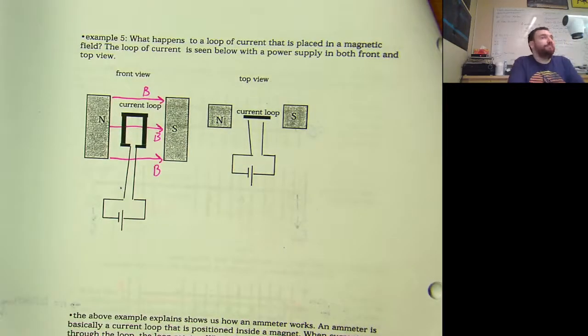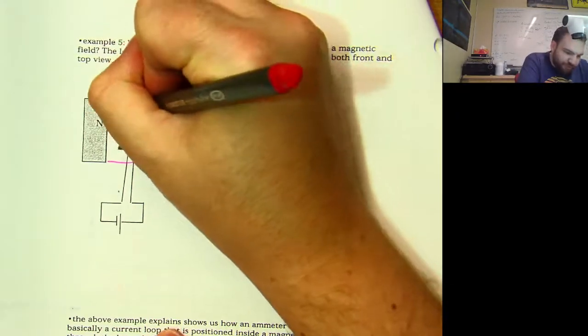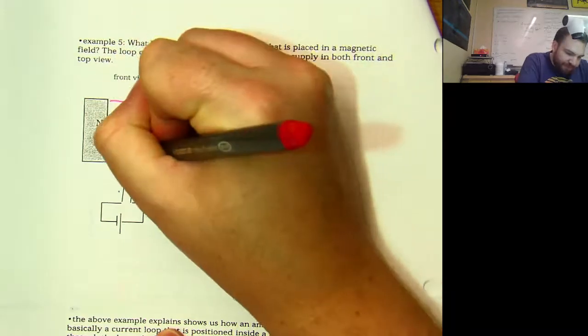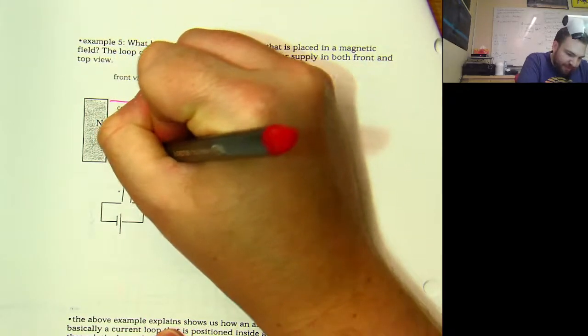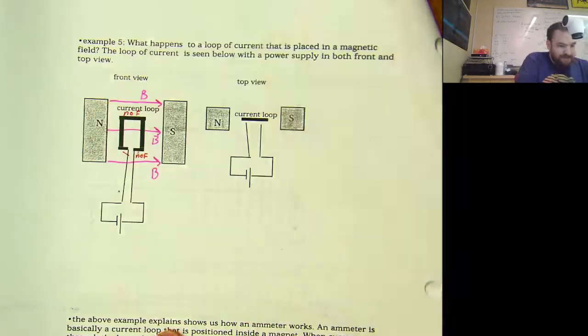Okay, what else do you know? The bits that are parallel with the B field. So which are those bits? The tops, okay? So there's no force here. And there's no force down here on either one of these little pieces.